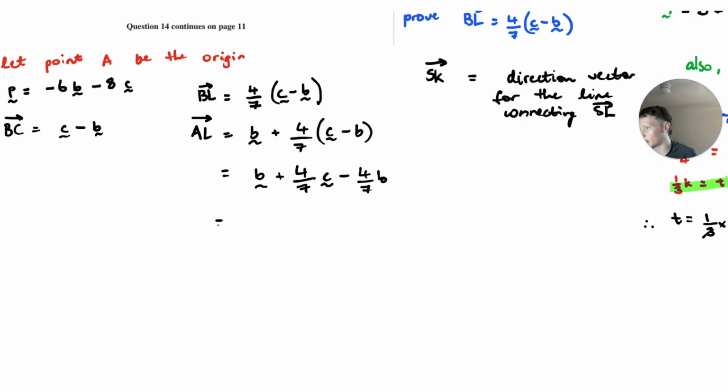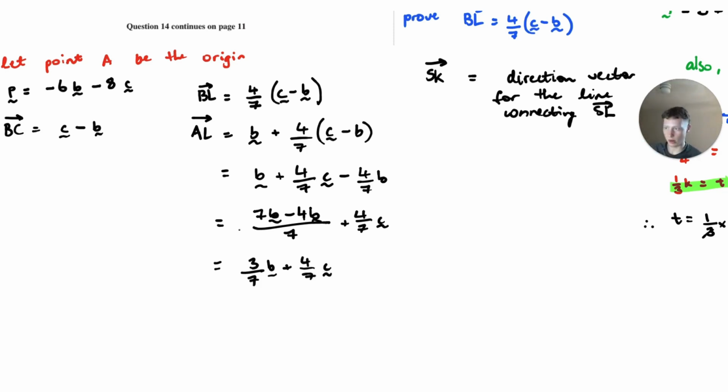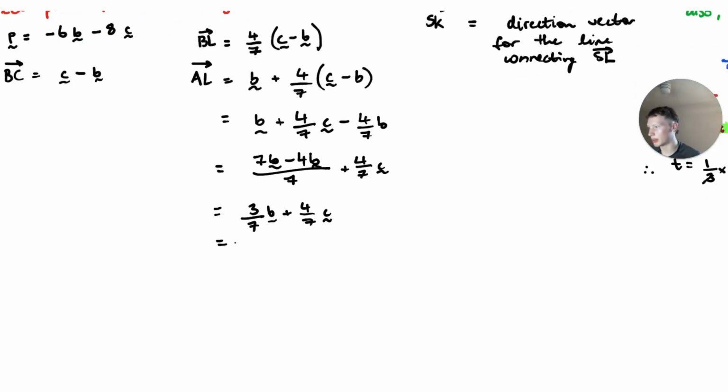And so here we've got 7 on 7B minus 4 on 7B. So overall, that's going to be 3 on 7 times B plus 4 on 7 times C. You could even, if you wanted to, say that that's 1 on 7 outside of 3B plus 4C.